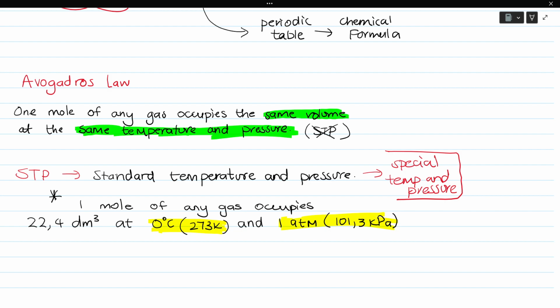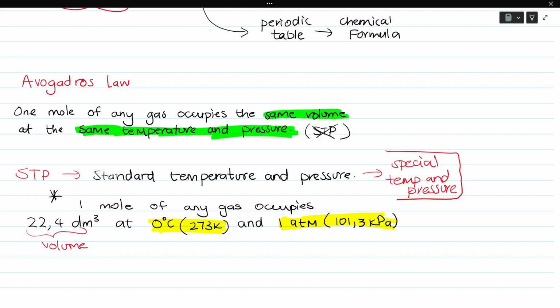Notice we're giving you two alternative units here. What's so special is that if you have these two conditions for temperature and pressure, then 1 mole of any gas is always going to occupy 22.4 decimeters cubed. That is a volume. Remember, this is a volume.